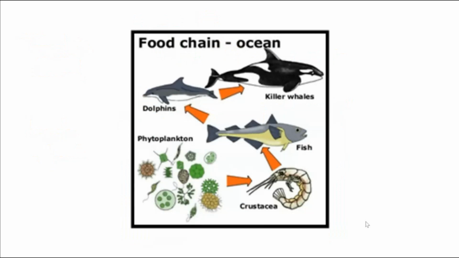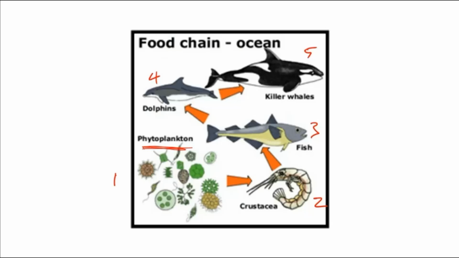Once again, we're starting with phytoplankton. That is the first trophic level. And then we go to crustacea for our second, which gets eaten by a fish for our third trophic level. A dolphin ate the fish, so there's the fourth trophic level. And an orca ate the dolphin. That's unfortunate, but that is the fifth trophic level. Of course, orca, which a lot of people often call killer whales, are actually dolphins, aren't they?